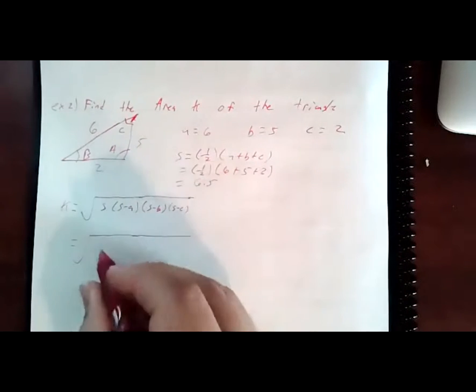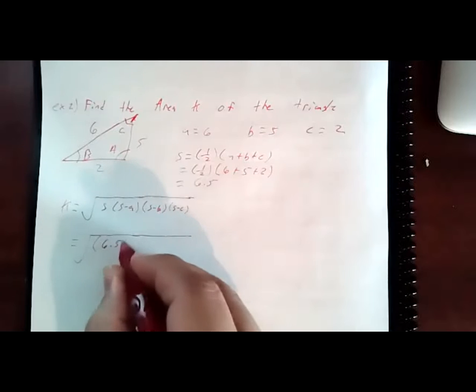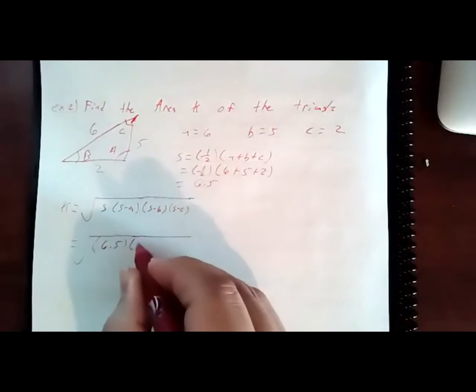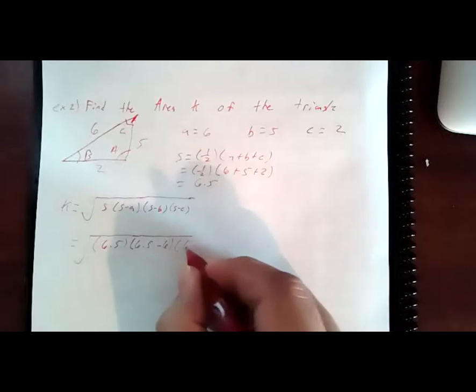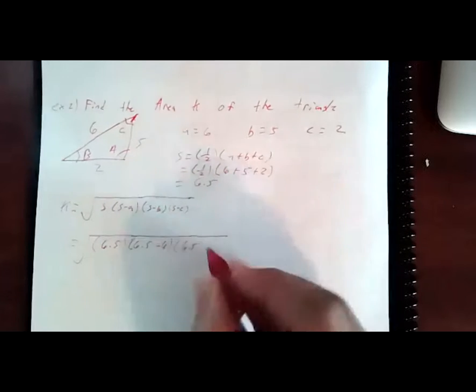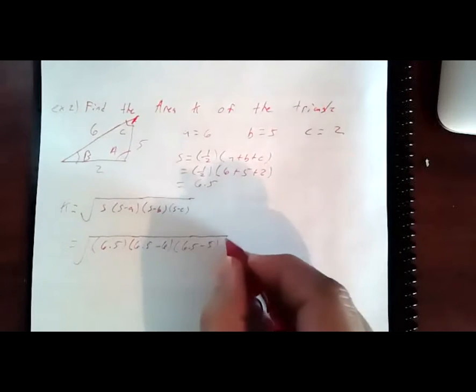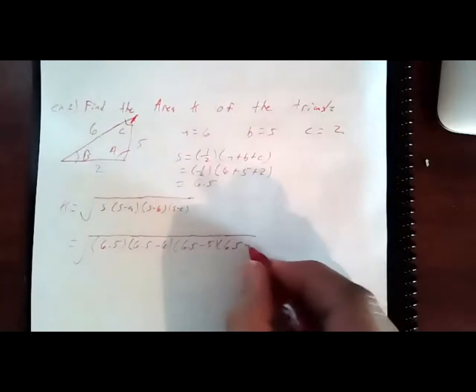And then, of course, put it in your calculator. So s is 6.5 times 6.5 minus 6 times 6.5 minus 5 times 6.5 minus 2.